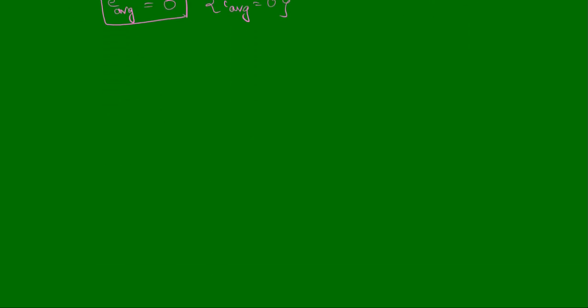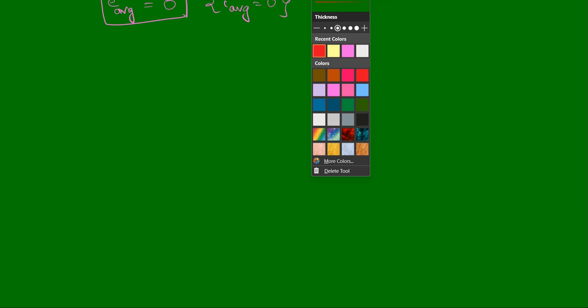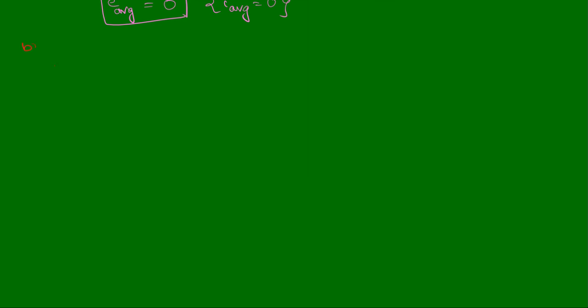And similarly, if it is asked for half cycle, half cycle means it is from 0 to T by 2. So for that, E is equal to E naught sine omega t is there.